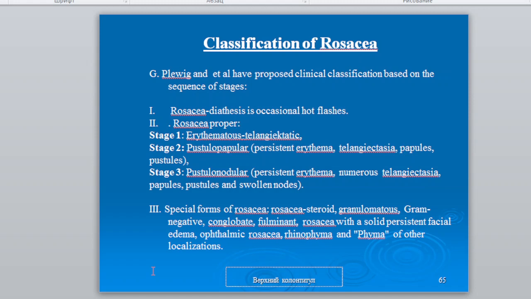Stage 3, pustulonodular: persistent erythema, numerous telangiectasia, papules, pustules, and swollen nodes. Special forms of rosacea: rosacea steroid, granulomatous, conglobate, fulminant rosacea with a solid persistent facial edema, ophthalmic rosacea, rhinophyma and phyma of other localizations.